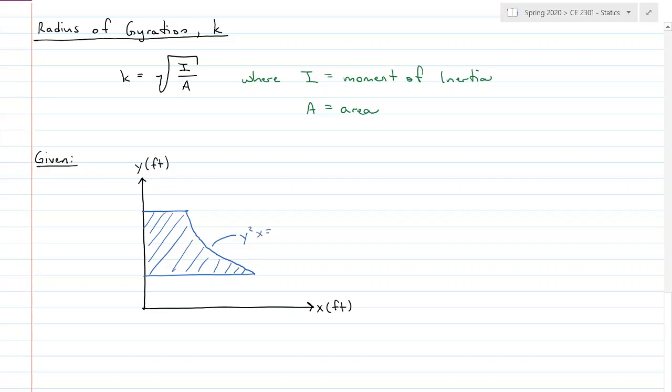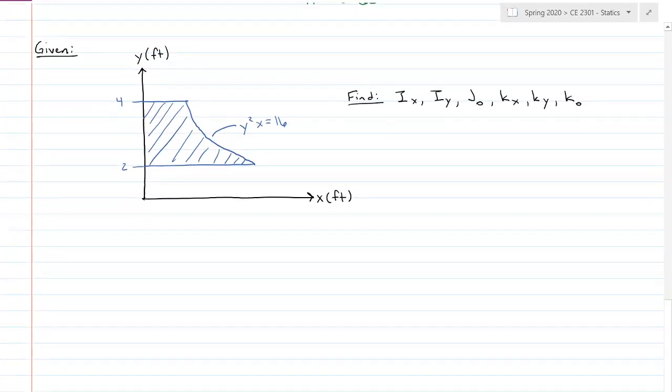Y squared X is equal to 16, where it crosses here at 4, crosses here at 2, and I wish to find the moment of inertia about the x-axis, the moment of inertia about the y-axis, the polar moment of inertia, the radius of gyration for the x, the radius of gyration for the y, and the polar radius of gyration. So look at all the fun things that we're going to find.